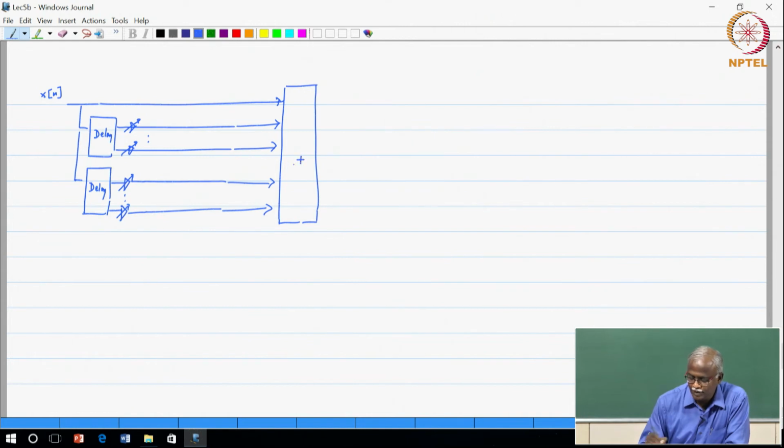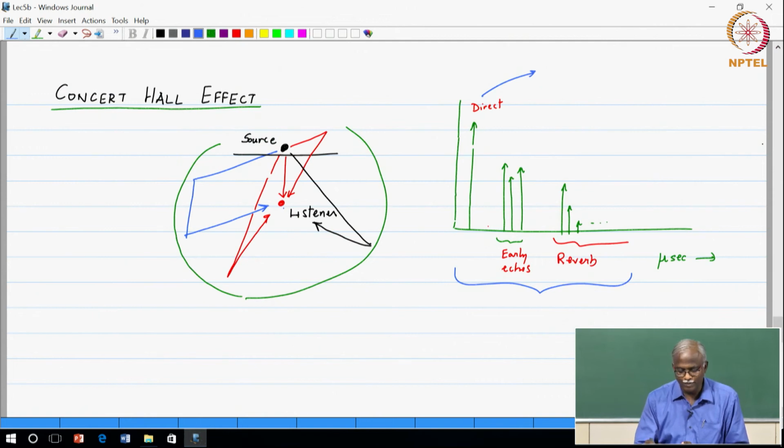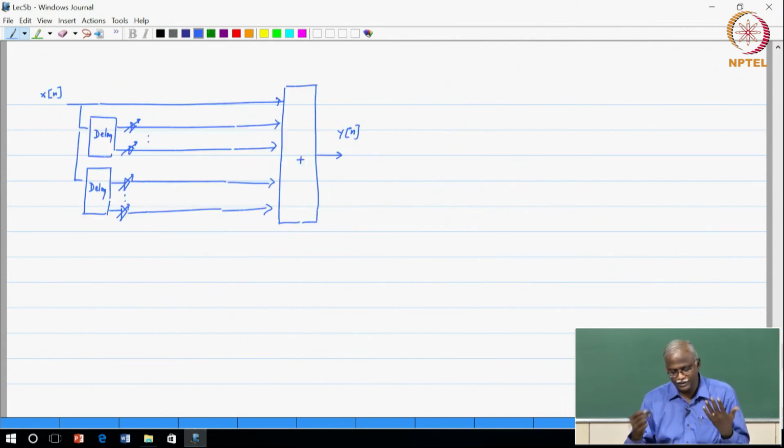So, I will just put a big plus sign here. This produces for you a y of n, which will be similar to what you would have gotten had you sampled the signal that is being received at this red dot. All you have is a direct path, but you have artificially created these multiple things.